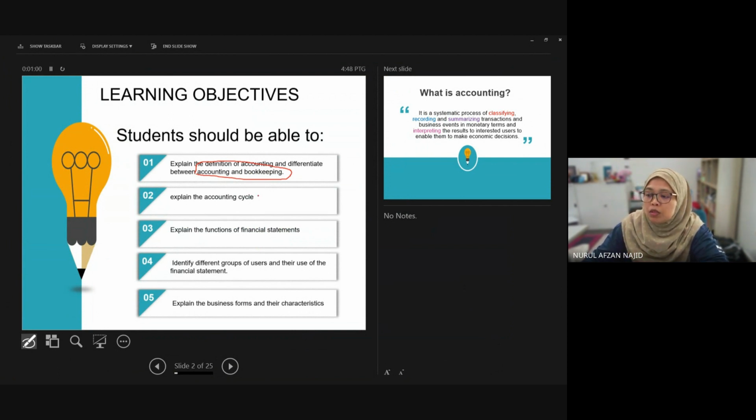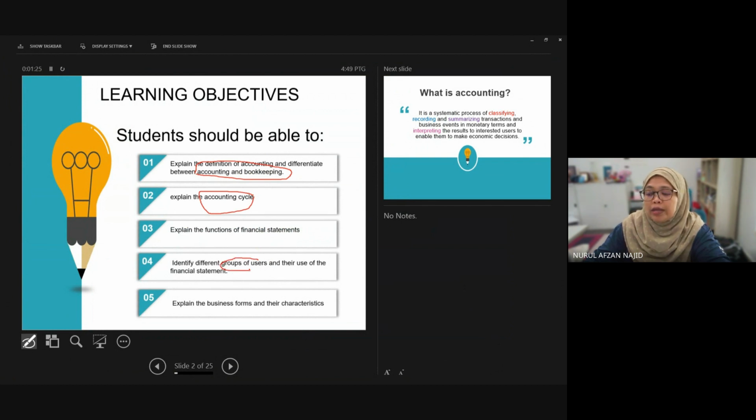All right. So I will also explain about the accounting cycle. The accounting cycle is the process involved in order to prepare the financial statement. I will also explain the function of the financial statement. Who are the users of the financial statement?